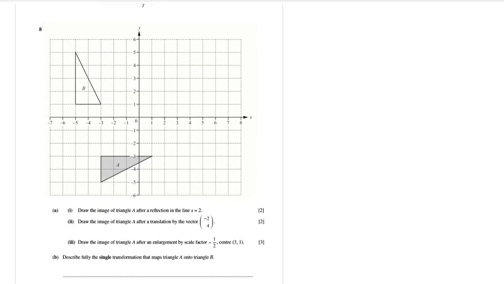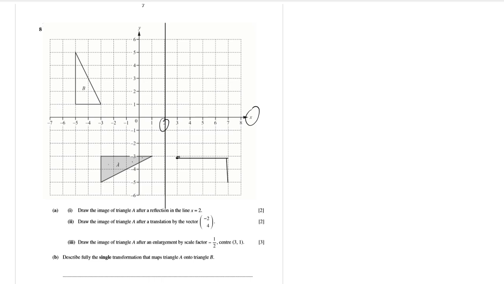Draw the image of triangle A after reflection in the line x equals 2. X equals 2, this would be the line of reflection of image A. So that's easy. 1, 2, 3, 4. 1, 2, 3, 4.